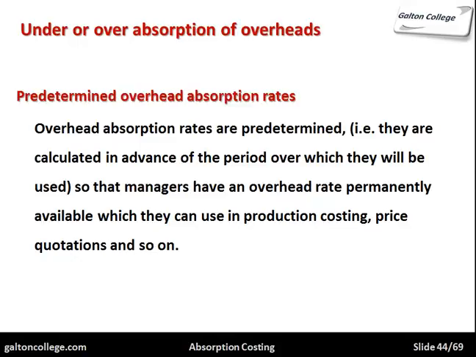They know what the overheads within various departments are. They know what rates they've applied in the past. They know if there was under or over absorption. So they're able to tweak the figures.